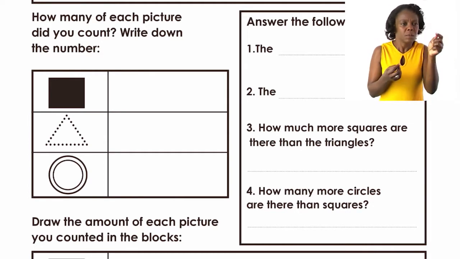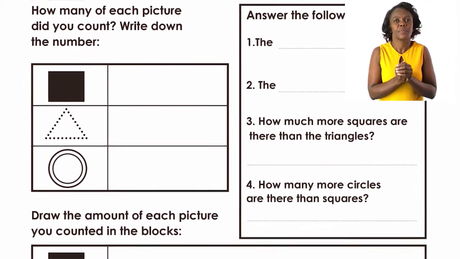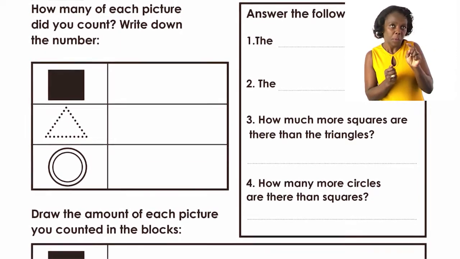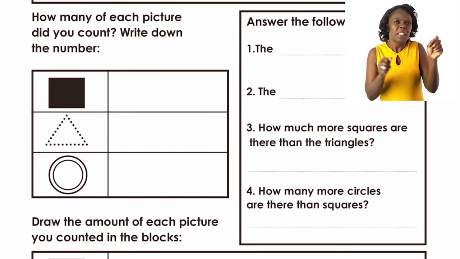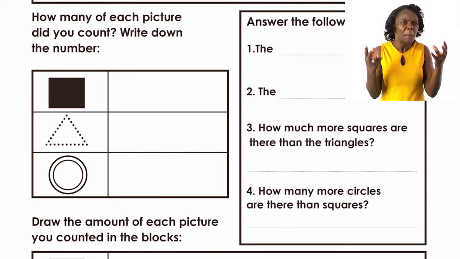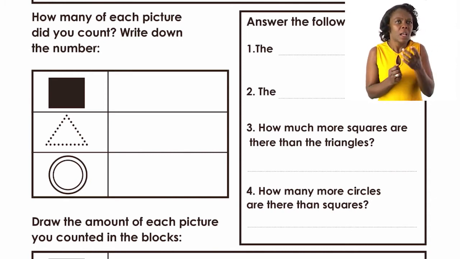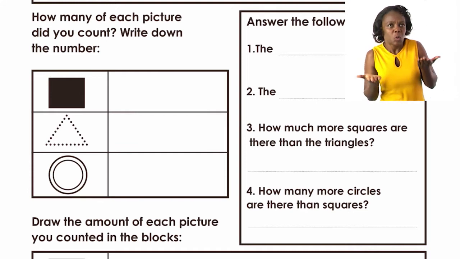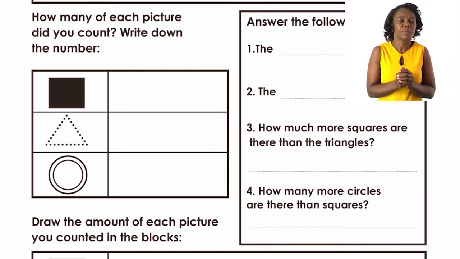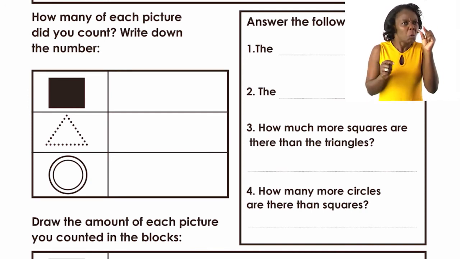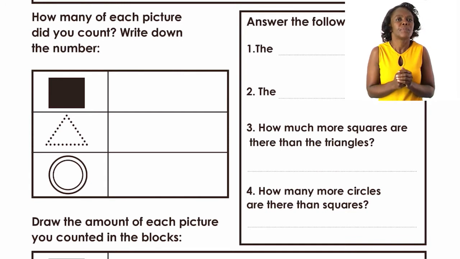And then you come to the other questions which are on your right hand side. Now you have to tell us which shape came most. How many of each shape did you count? Then you'll be able to compare which one is the most, which occurs frequently. And how many are the fewest, which shape came very few. Remember, when we say few, we say it's the little, the few ones that came just less of it.